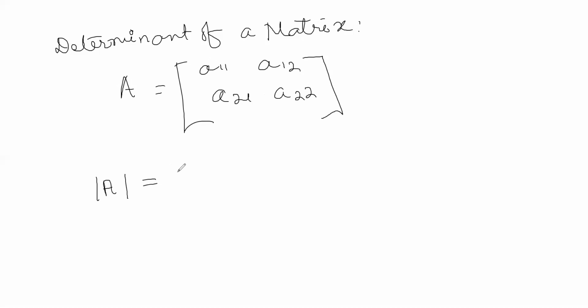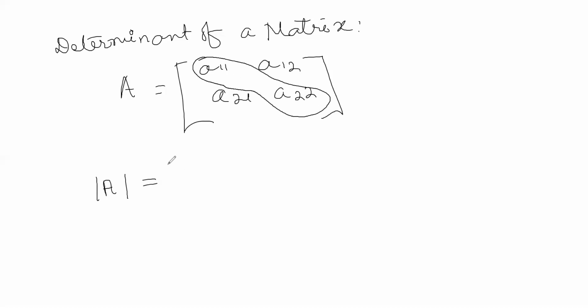And then the formula is, we have to take the product of the elements of the principal diagonal. So this is the principal diagonal as we know, and the product of the principal diagonal basically means the multiplication of the elements of the principal diagonal.